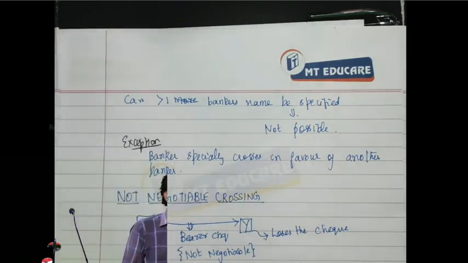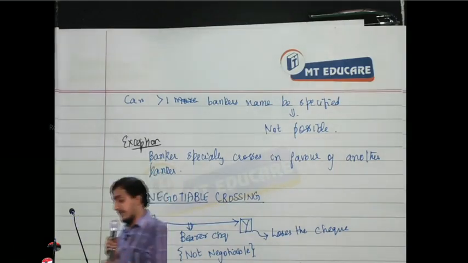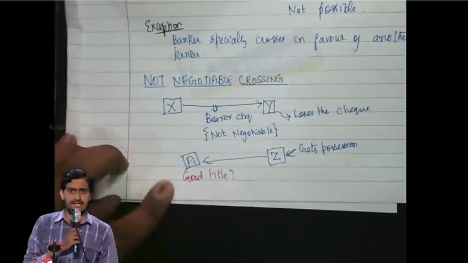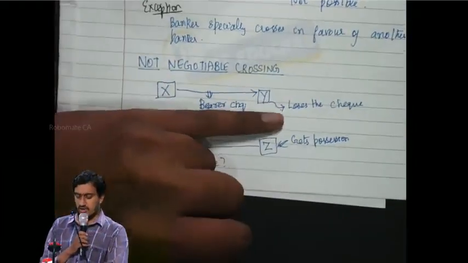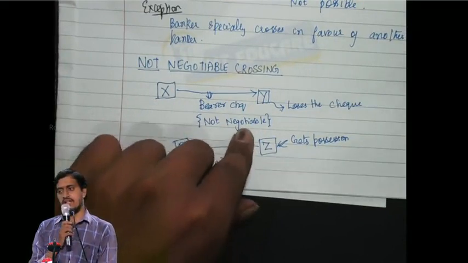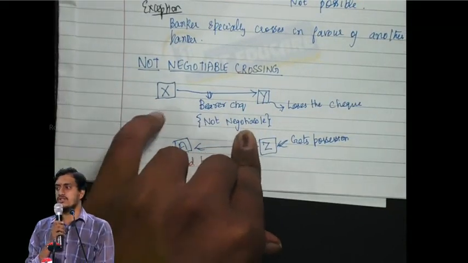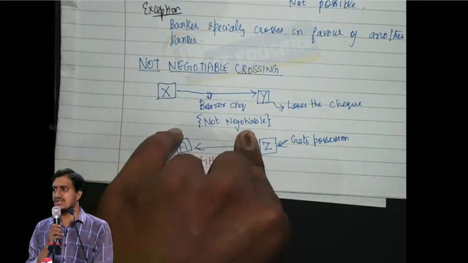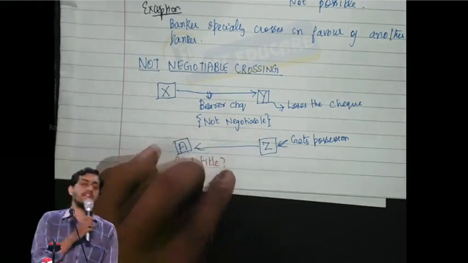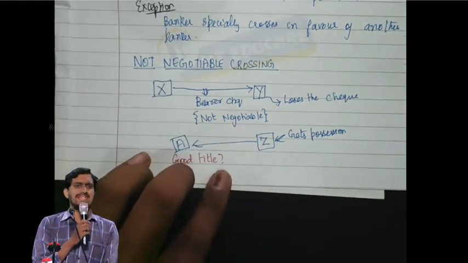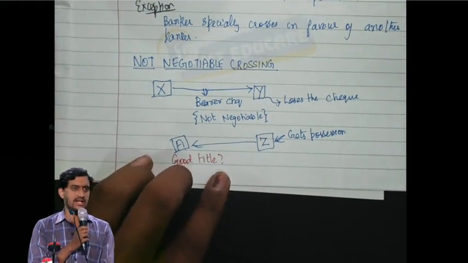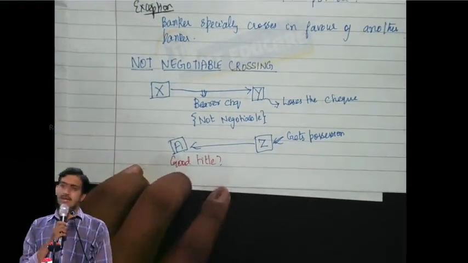If those three conditions are satisfied, normally A will get a good title. But if it is a not negotiable crossing, whether you satisfy those conditions or not, you will not get a good title. You will get only the same title as the transferor.